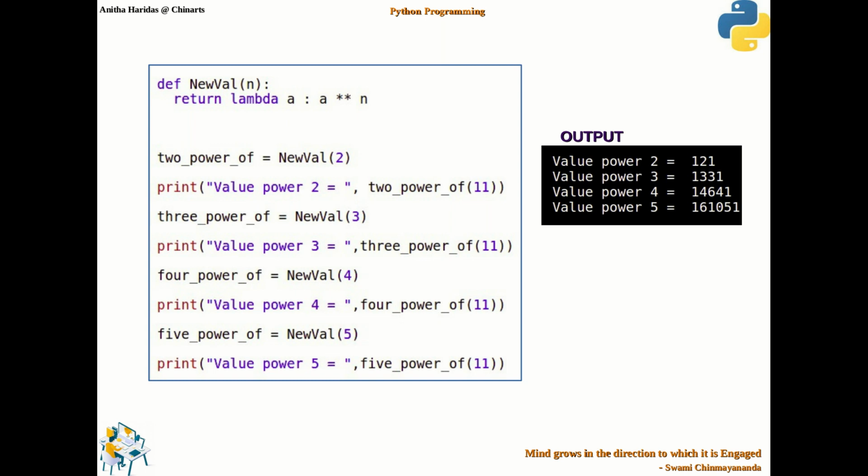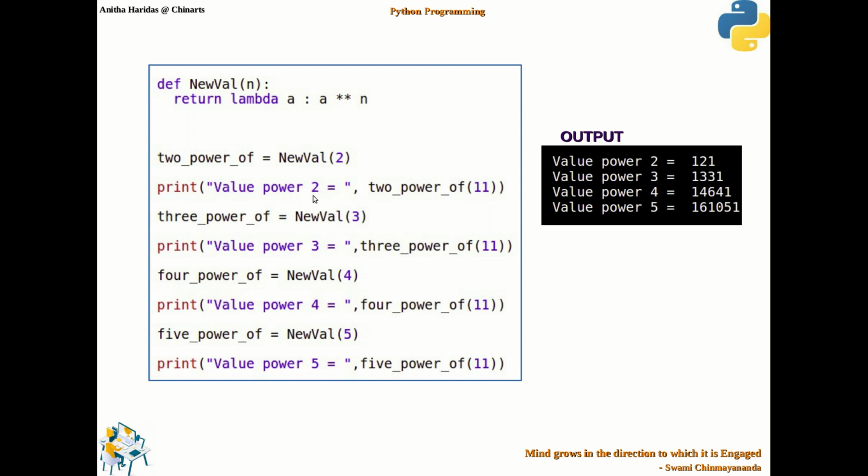Now what I have done, I have used the normal function and the lambda function combined together so that it gives me the flexibility of having different values for different expression evaluation. So the same function I am going to call with value 2, I call it with value 3, I call it with value 4, I call it with value 5, and it gives you different output also, right?